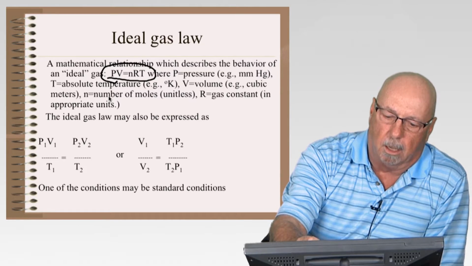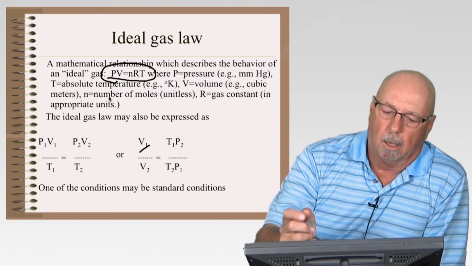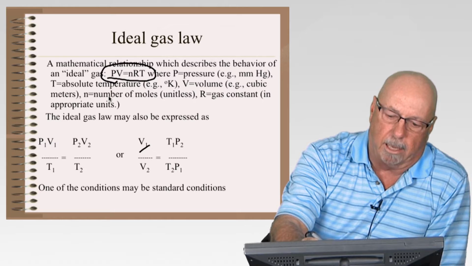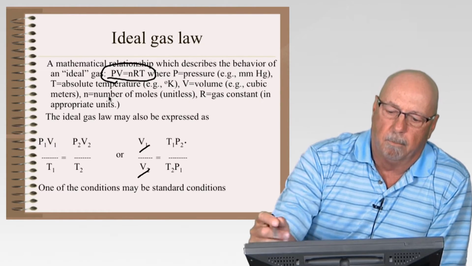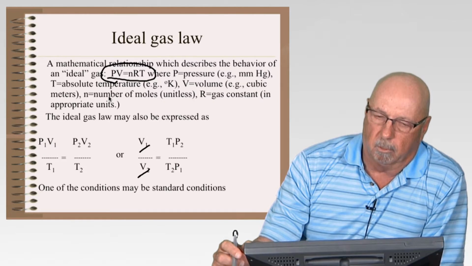So if we want to manipulate this formula around, we can see here that the volume of a particular gas, V1, over the volume of that gas in a second state, V2, is going to equal T1 over P2 divided by T2 over P1.